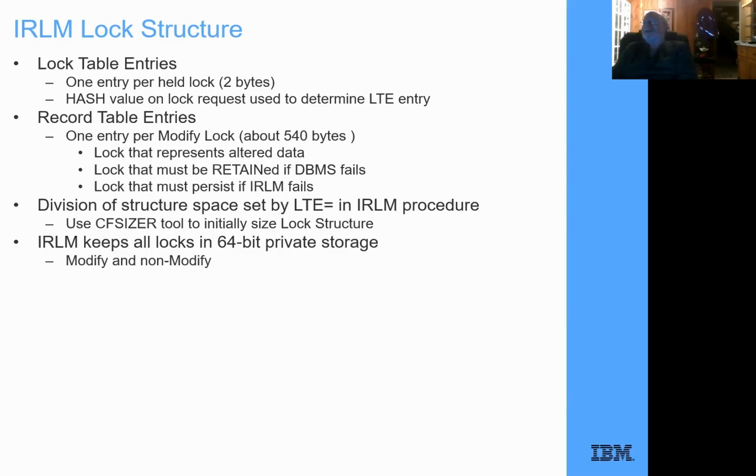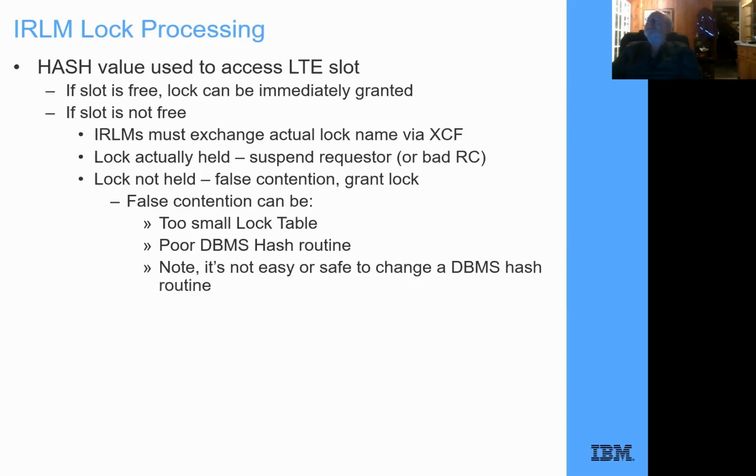That's why it's important to make sure that, from a configuration point of view, you don't have a CEC that has both a CF LPAR with a lock structure in it and a z/OS LPAR running an IRLM that uses that lock structure. Because in that case, if you lost the CEC, you would lose both the lock structure and one of the IRLMs, and you would not be able to rebuild the lock structure.